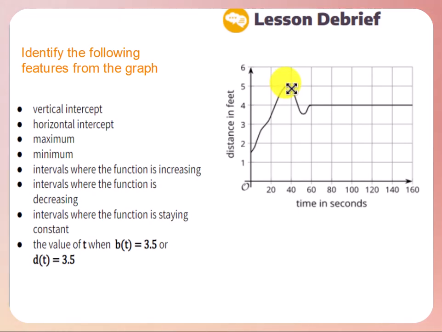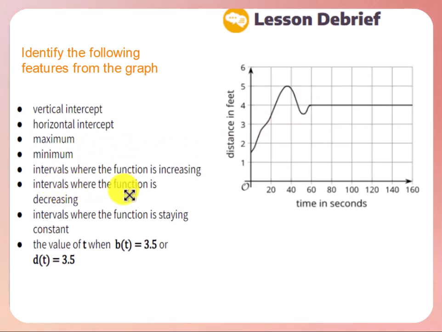No, I'm sorry, 38, closer to 40. Then it decreases. Then it starts increasing between 50 and 60. So we have two places where it increases, between 0 and about 38 and between 45 and 60.